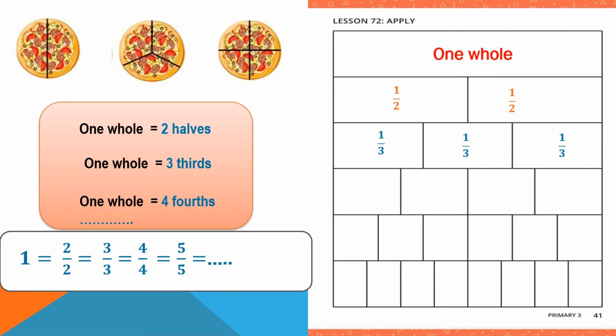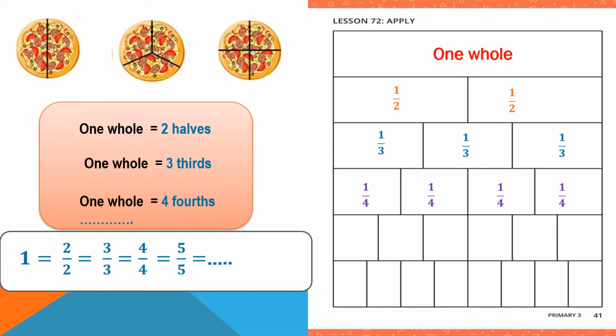Now, this bar is divided into four equal parts. 1, 2, 3, 4. So the one whole equals 4/4. Fourth, fourth, fourth, fourth.